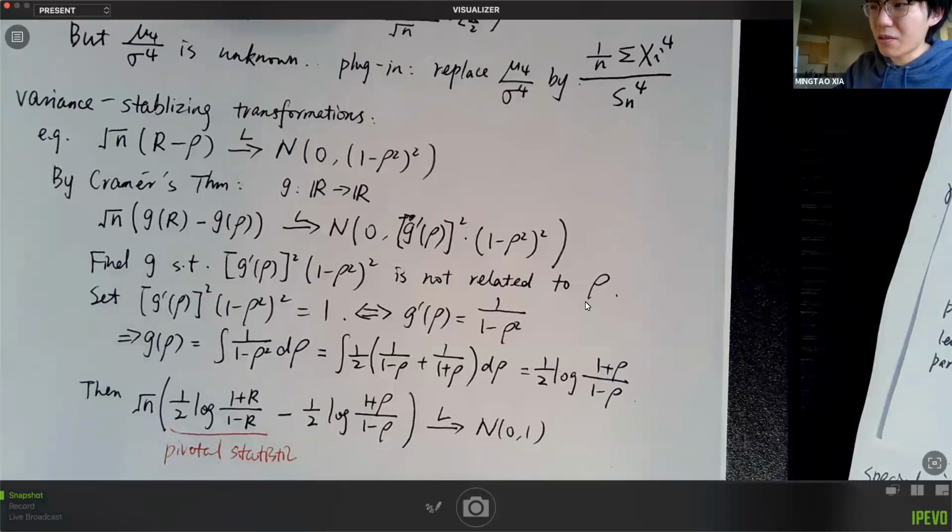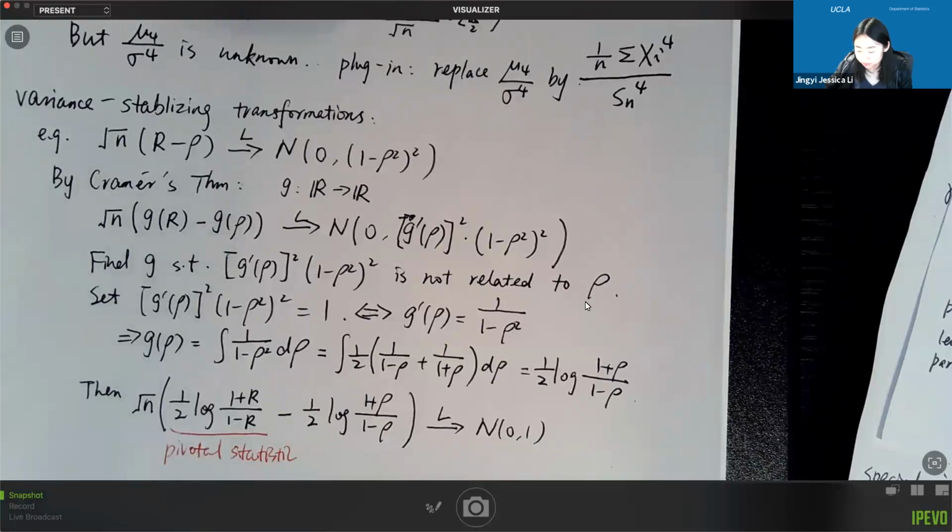So we use this to estimate the confidence interval for rho? Yes. But why is the original form square root of n times r minus rho not applicable? I would say in this special case, it could be.